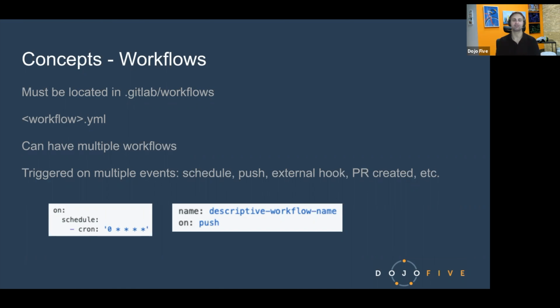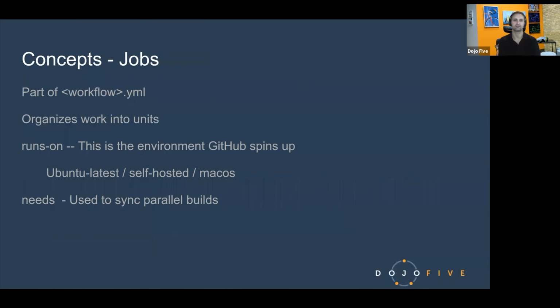So whenever somebody pushes their code up to GitHub, then your recipe would kick off and it would run a build. Also external hooks, things like other actions inside of the GitHub UI, like creating a PR or something, can also be attached to it.